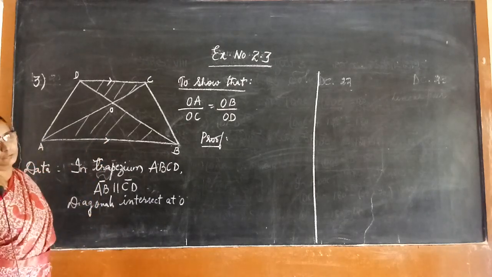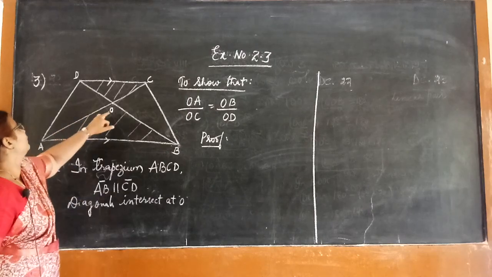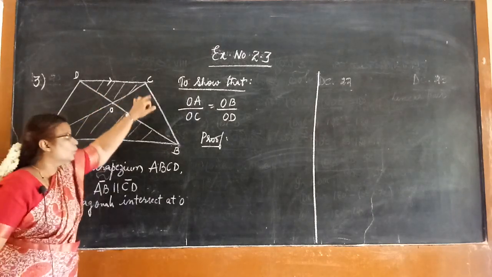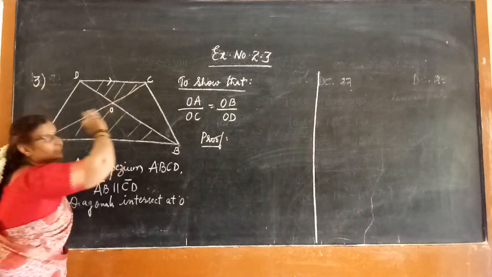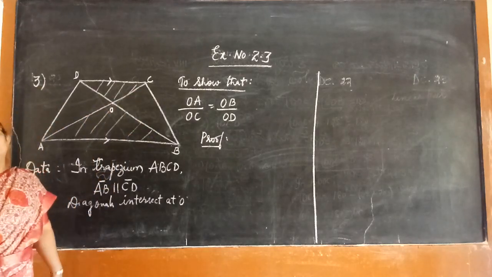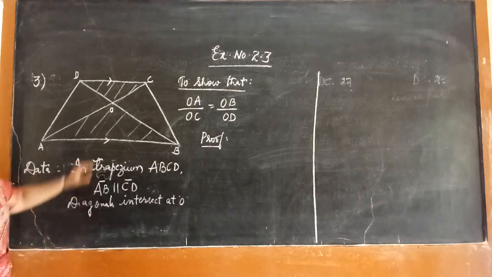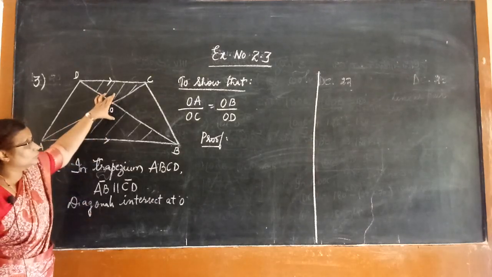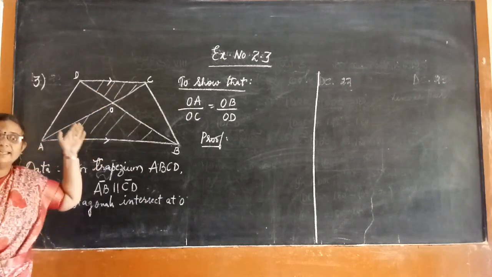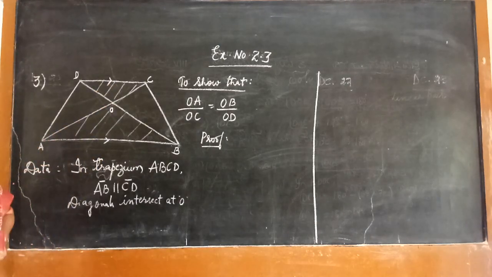So I have to consider those two triangles. Here also I can find OA, OD, OC, OB. I cannot take these two triangles because these two sides are not parallel. I think you understood why I should take these two triangles only, not the other two. I should consider the two triangles which have the parallel sides so that I can apply the properties.